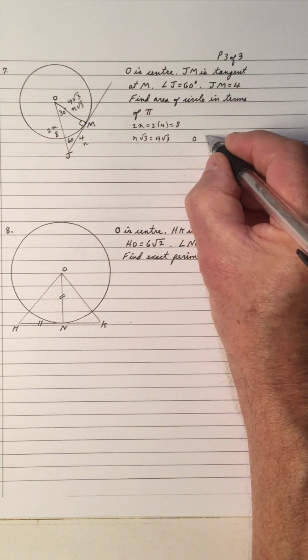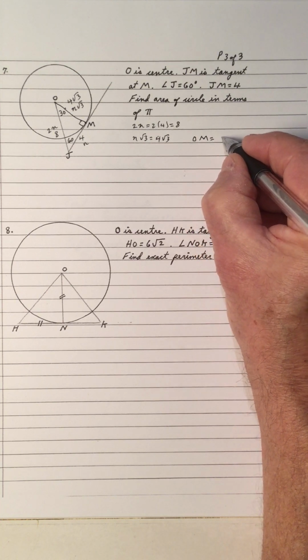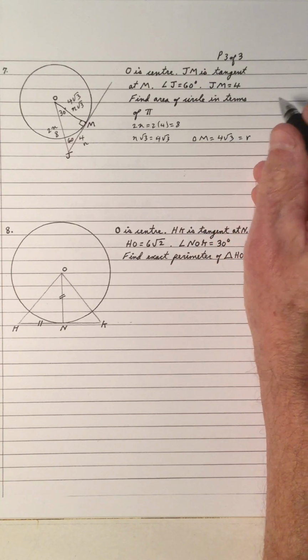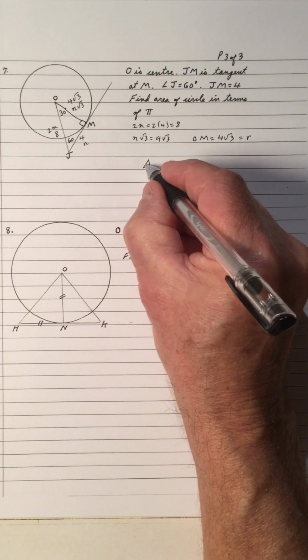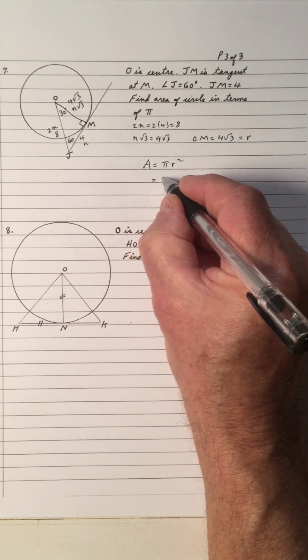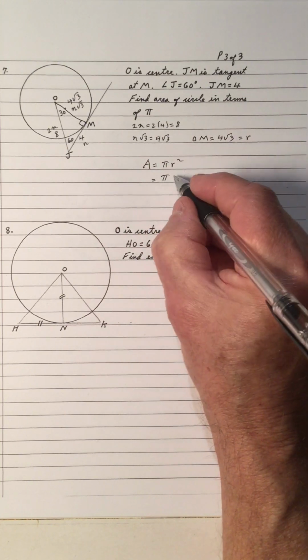So OM is the radius of the circle. So OM is 4 root 3, and OM is my radius. So the area of a circle is pi r squared. So we want the area in terms of pi. We don't want to use 3.14.